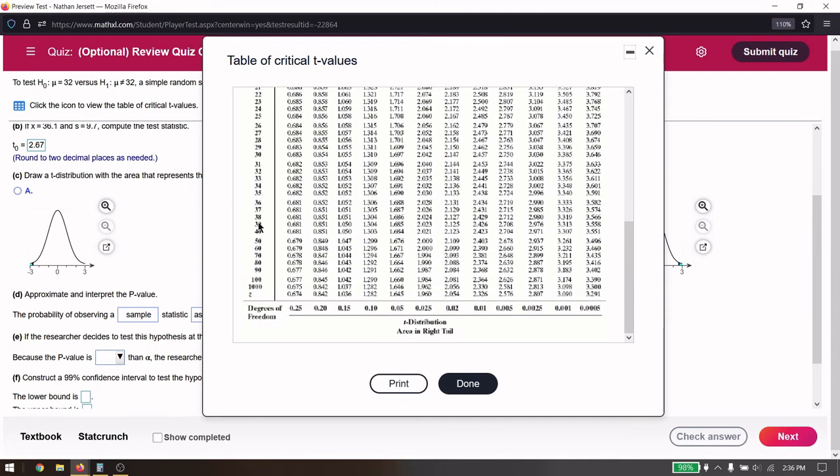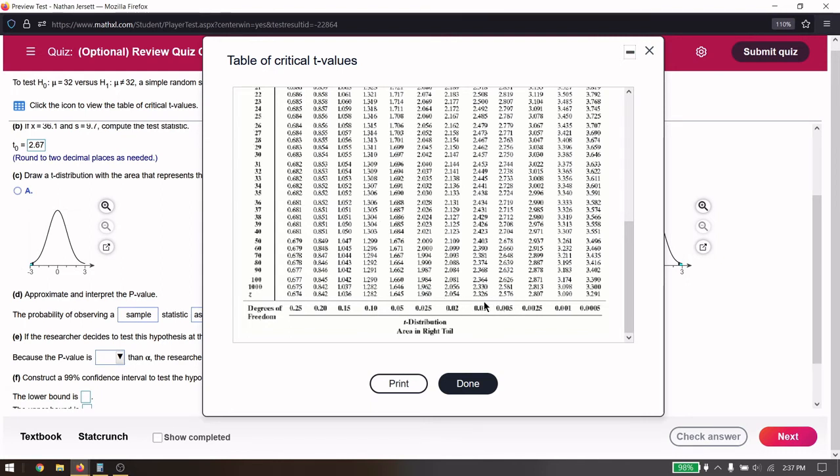We have 39, and we're looking for 2.67. 2.67 is between these values here, 0.01 and 0.005. But because this is a two-tailed test, it's going to actually be twice this number. So if you're between these values and you double it, that means you have to be between these two values.